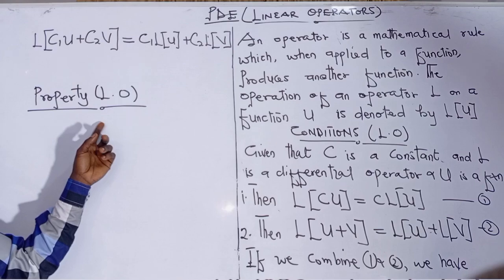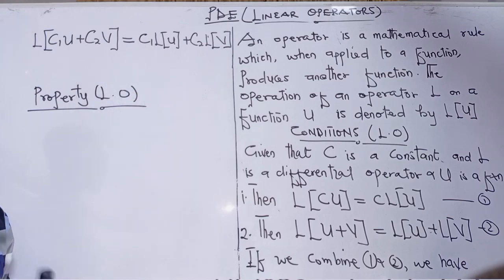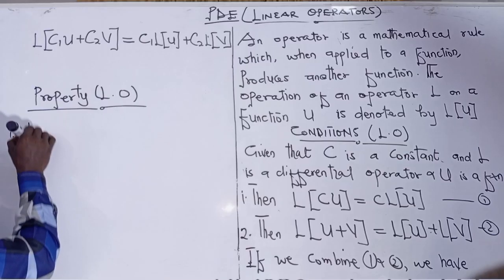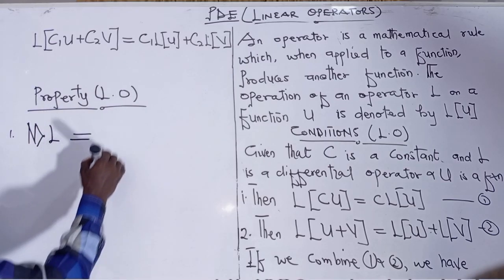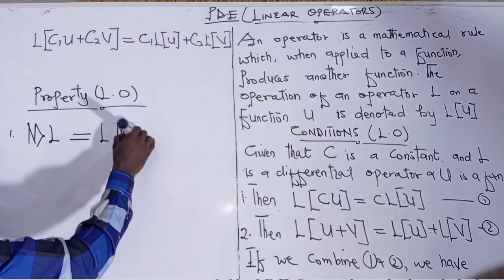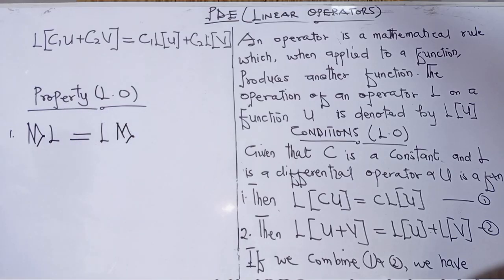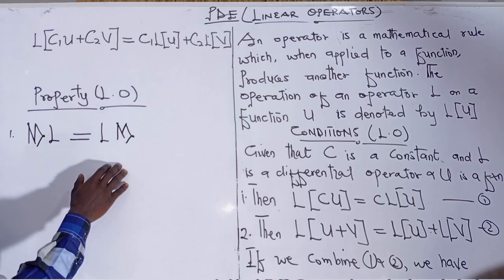Now one property of linear operators that I would like to touch on is this. When you have linear differential operators with constant coefficients, then M operating on L should be the same as L operating on M. Look at it very well: commutativity.